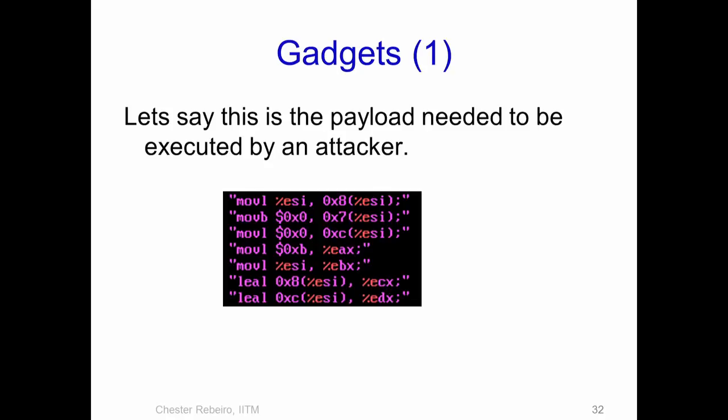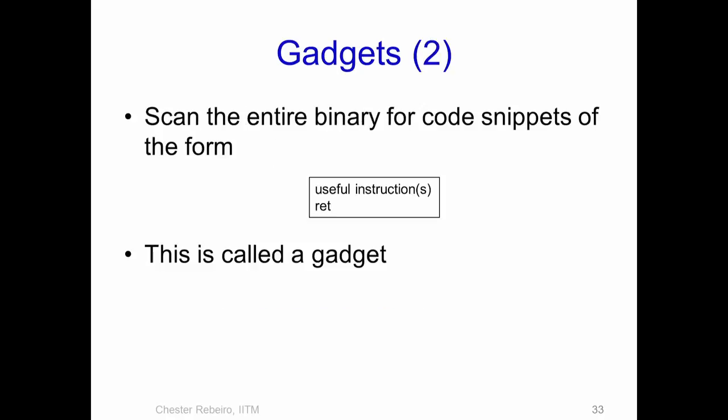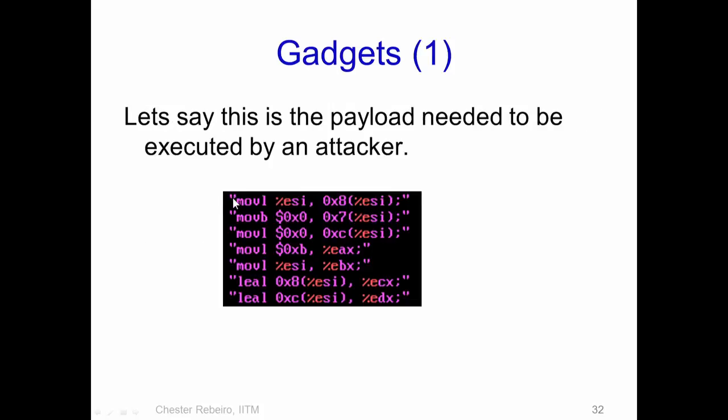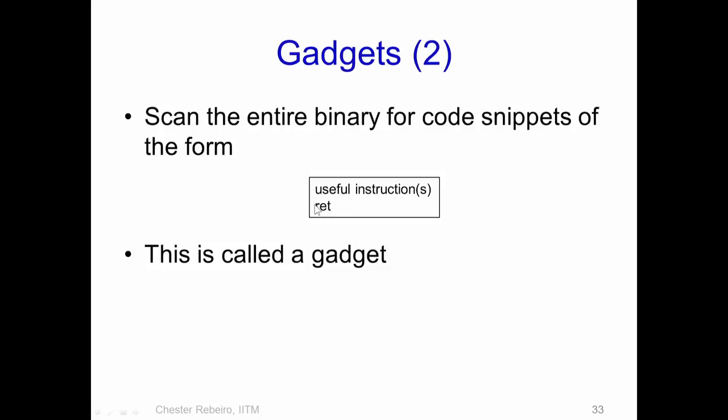So, let us see what a gadget is. So, essentially a gadget is some useful instruction, and when I say useful instruction over here, it means that it is one of these instructions in the payload that needs to be executed as part of the exploit, followed by a RET, a return.